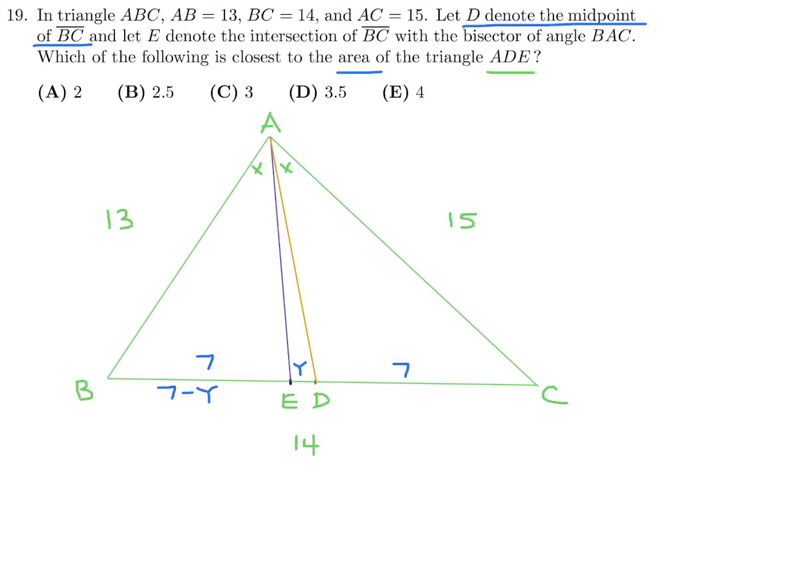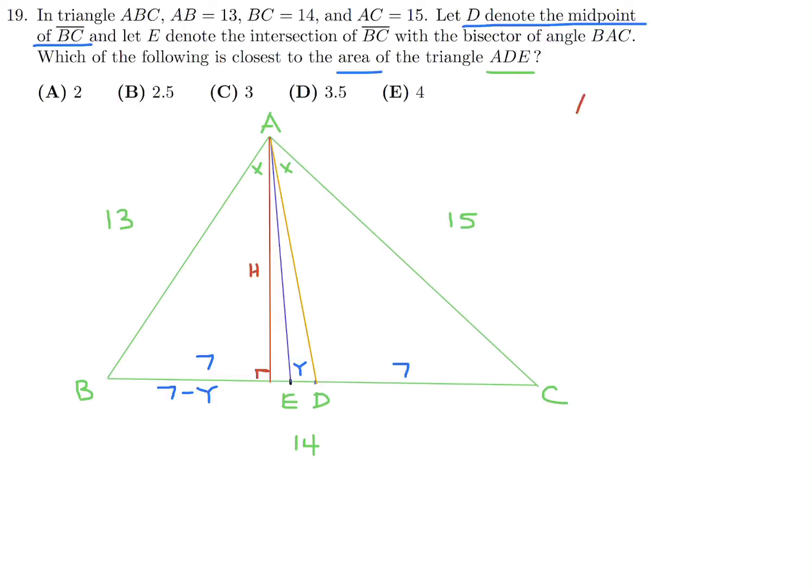All right, so if we need to figure out area, we have to drop a perpendicular to draw the height. So I'm going to drop a perpendicular from A all the way down to the base like that. And the reason I did that is because that represents the base. I'm going to call it H, H for height.